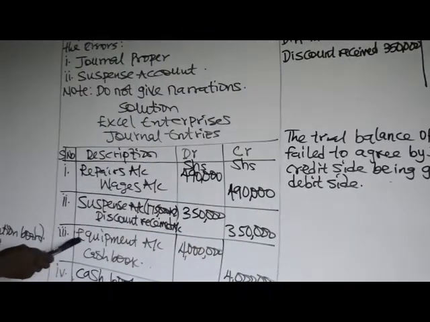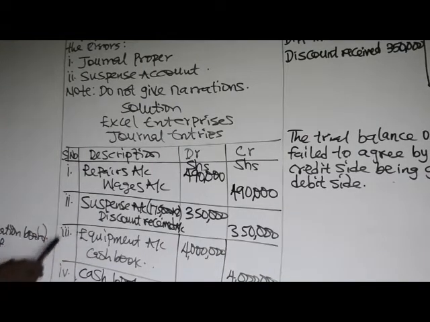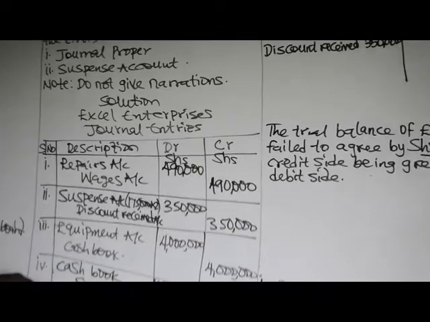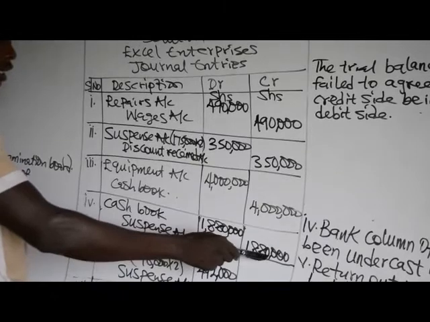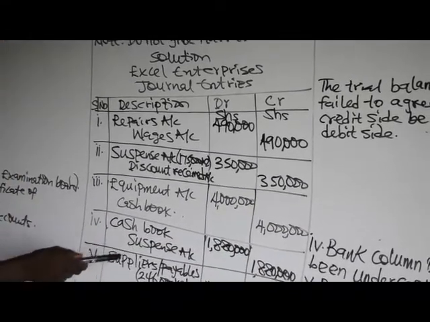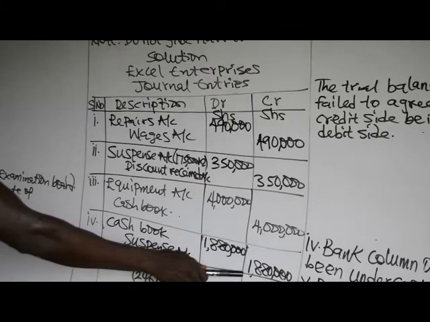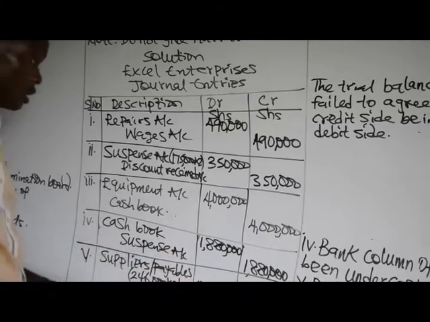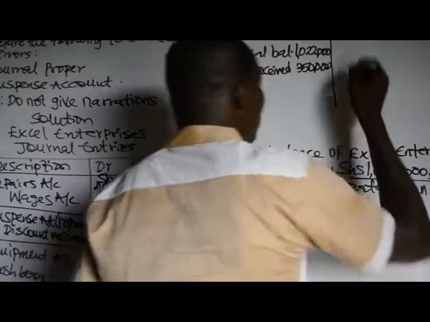The third item has the equipment and cash book. No suspense there. In number 4, you have cash book and suspense. The suspense account is credited with 1,880,000 shillings. So we are going to credit the suspense account with 1,880,000, and the title of the other account is cash book.